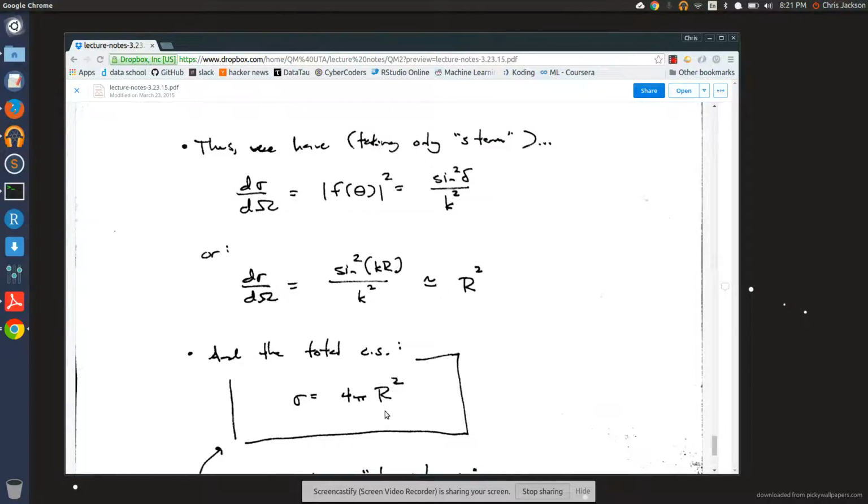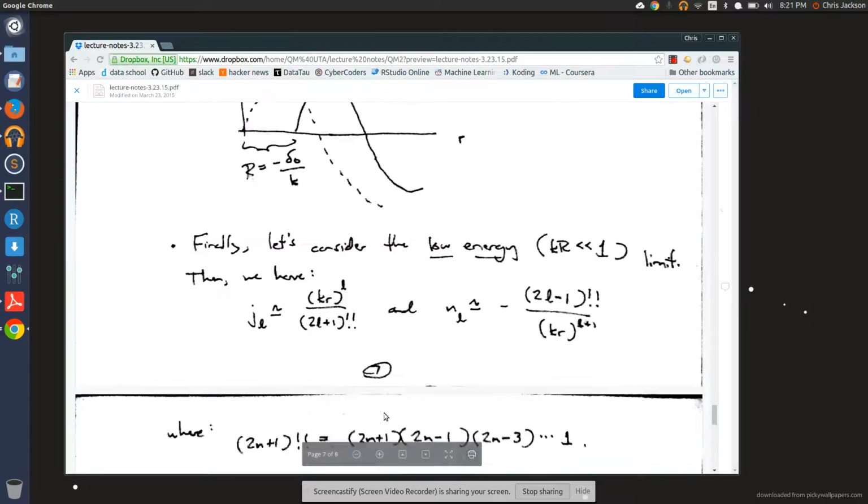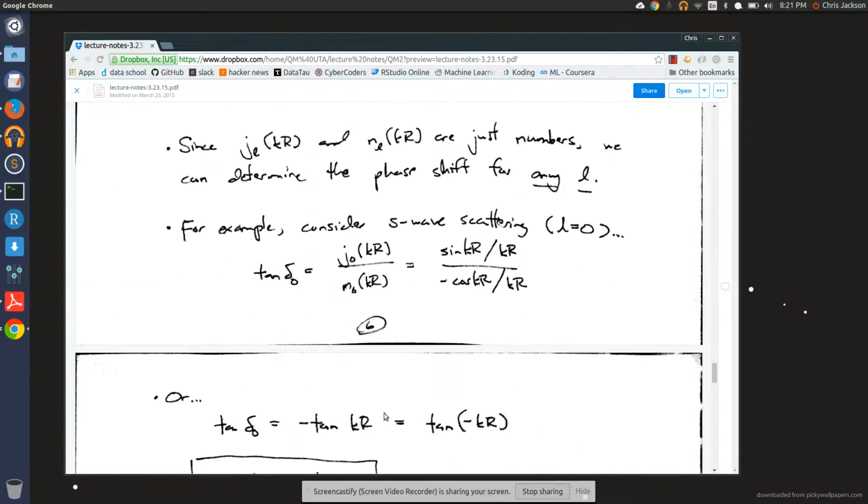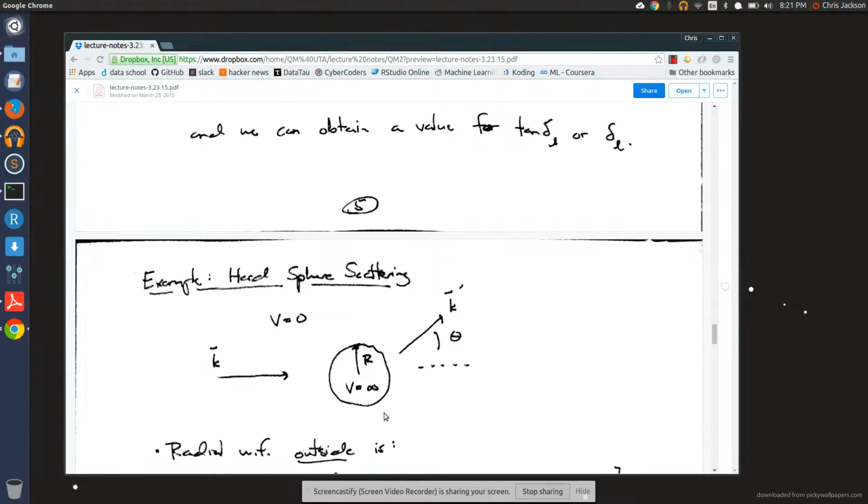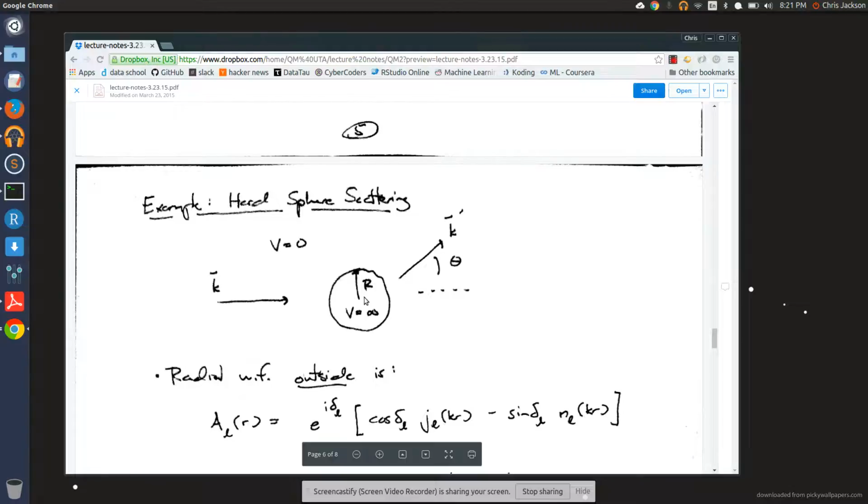And if you think about this, it should seem a little odd. If you go back to the picture of what we had, this sphere has a cross-sectional area. If you think of it as riding in on this beam, what you would see is a circle, and the area of that circle is pi r squared.